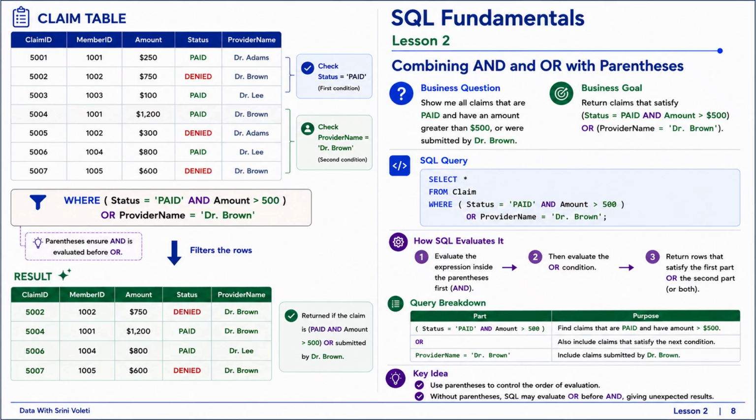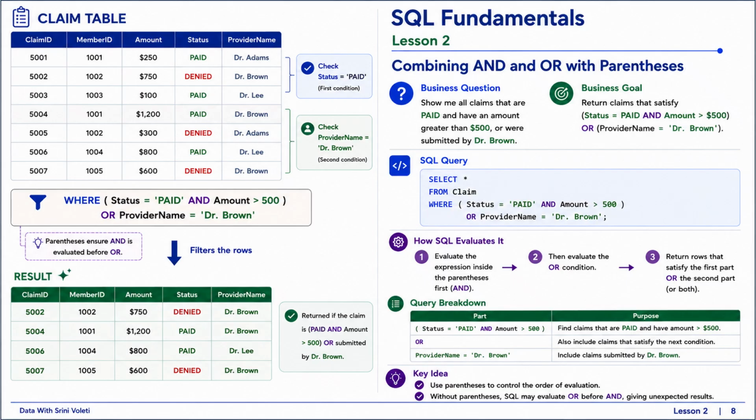Step 3, SQL combines the results from both evaluations and returns every row that satisfied either part of the query. This evaluation order is exactly why parentheses are so important. Without parentheses, SQL applies its own rules for operator precedence. Although SQL gives AND higher precedence than OR, relying on those rules can make your queries harder to understand and easier to misinterpret.